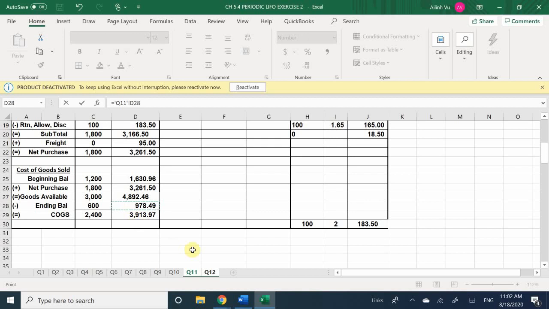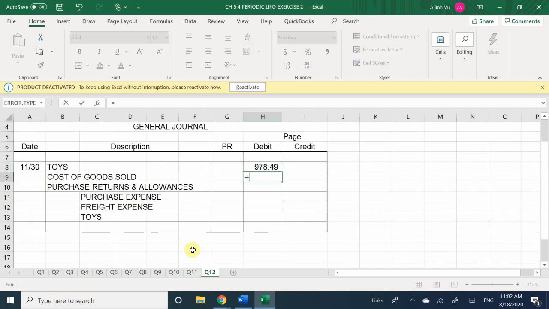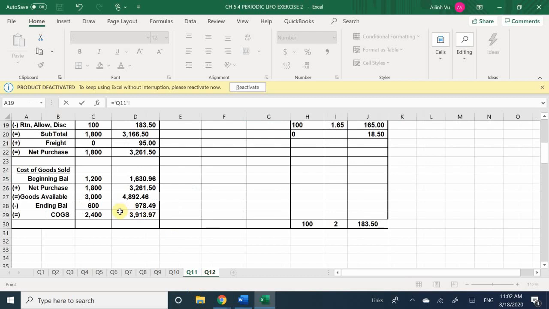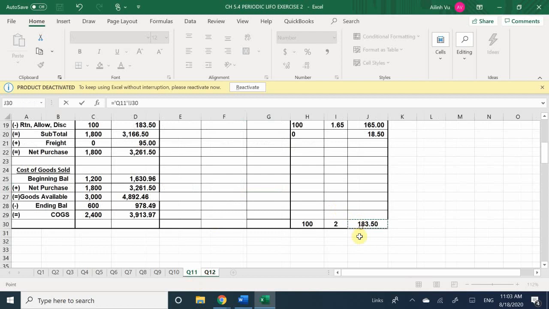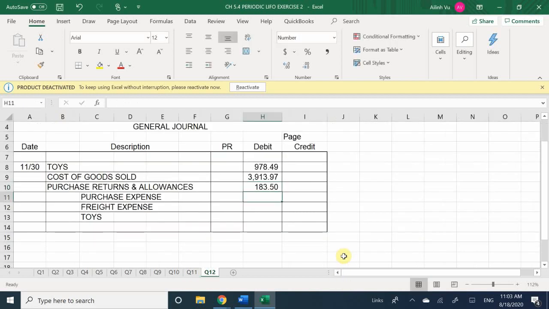What's my ending inventory? 978.49. Okay. What is my total cost of goods sold? 3913.97. Good. What was my total returns and allowances? 183.50. All right.